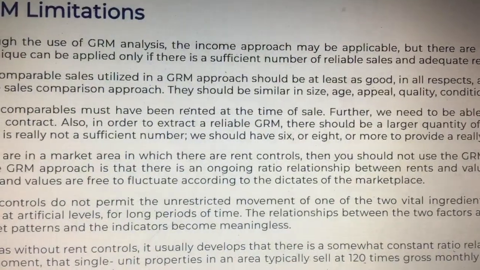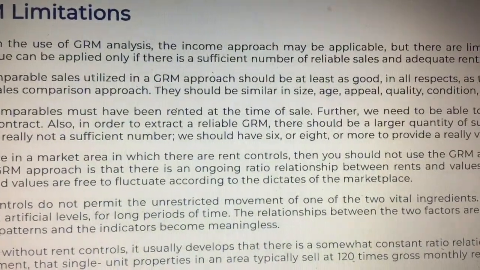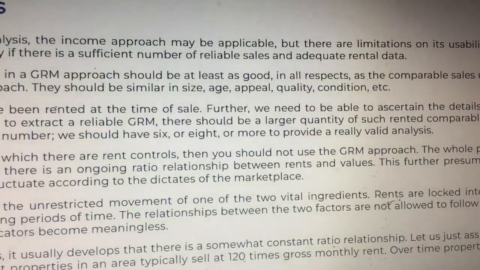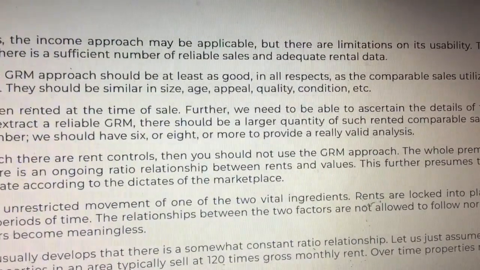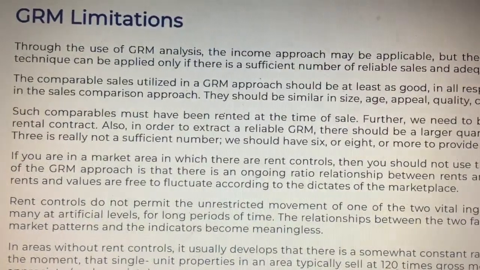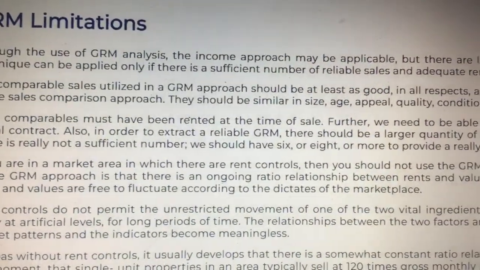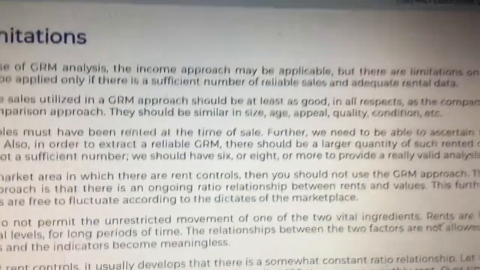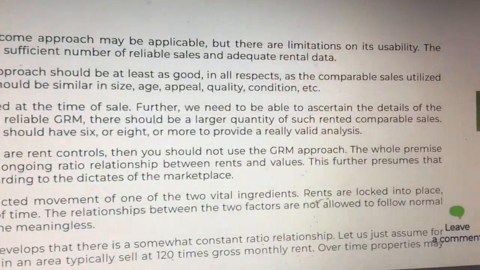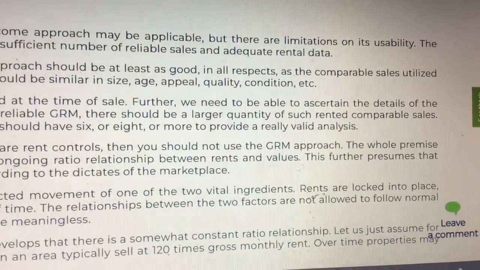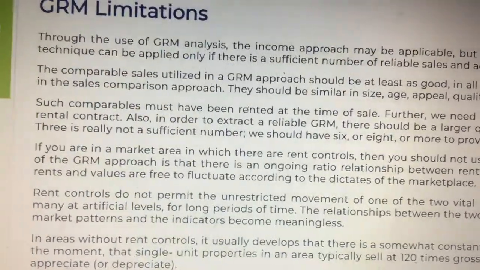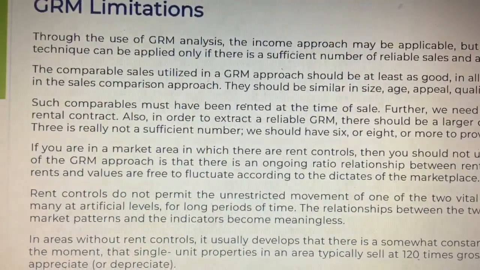They should be similar in size, age, appeal, quality, condition, etc. Such comparables must have been rented at the time of sale. Further, we need to be able to ascertain the details of the rental contract.